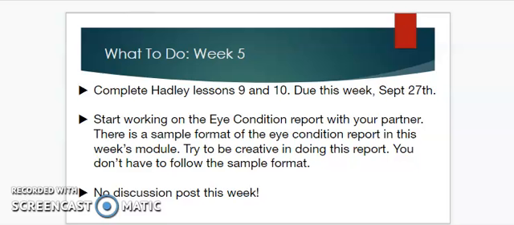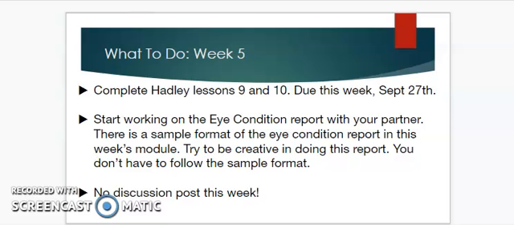The idea behind this assignment is to provide a brochure in layman terms of the medical condition that you encounter for your students. So in an eye report, if you see a condition, how are you going to interpret that information and present it to the general education team?